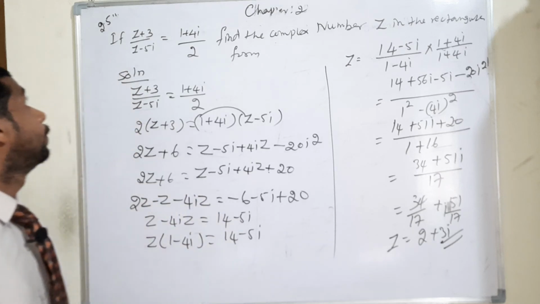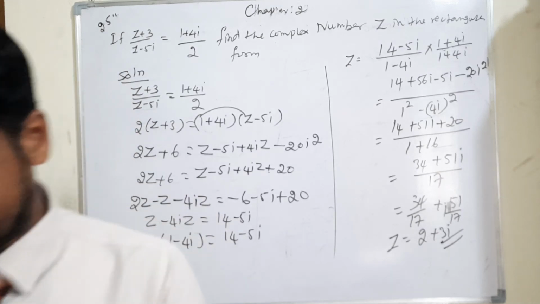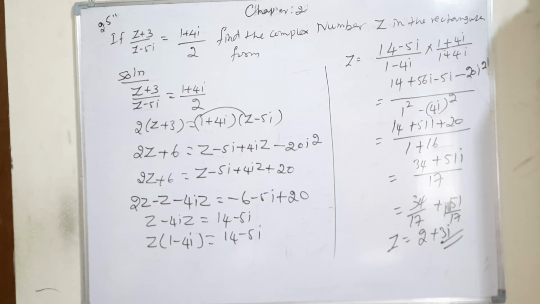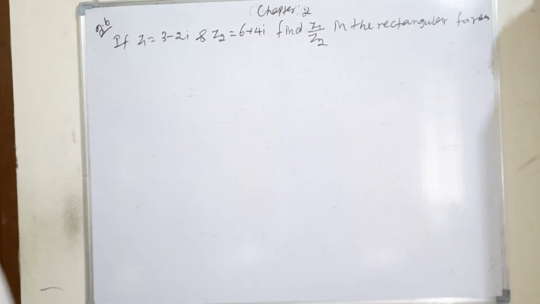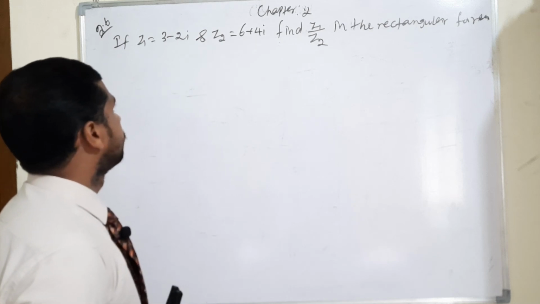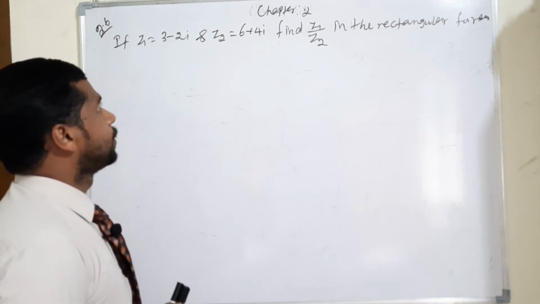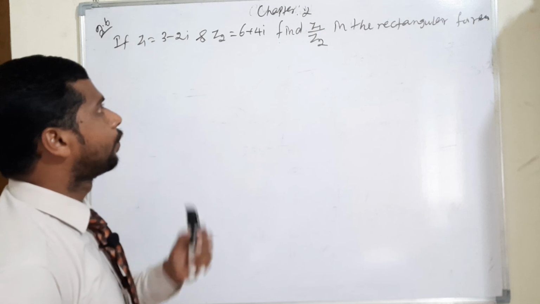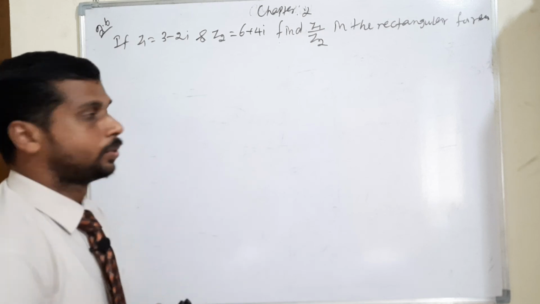Okay. I will continue with example 2.6. What is the question? If z1 is equal to 3 minus 2i and z2 is equal to 6 plus 4i, find z1 by z2.